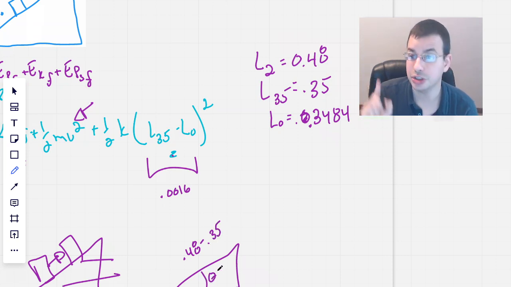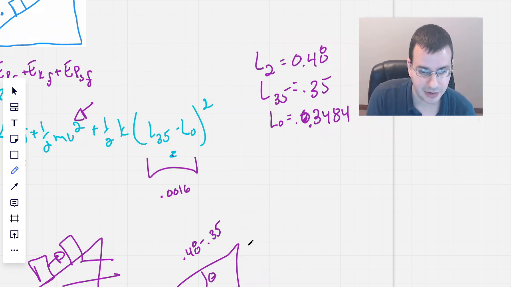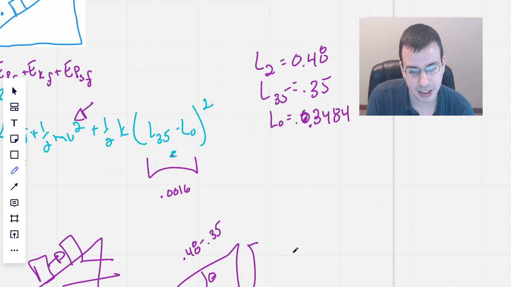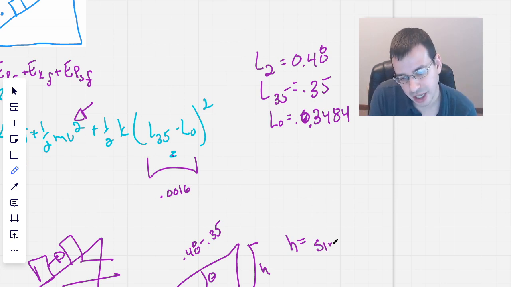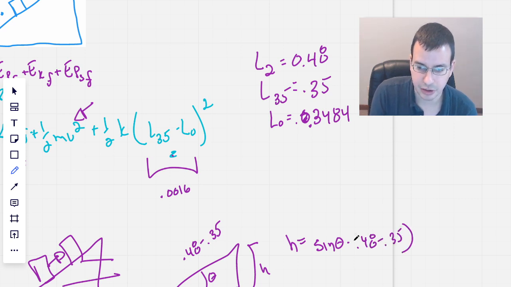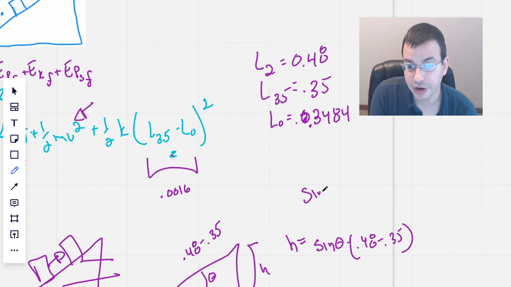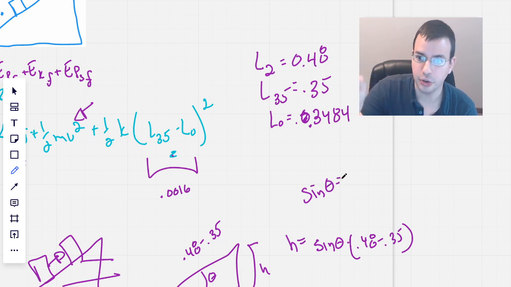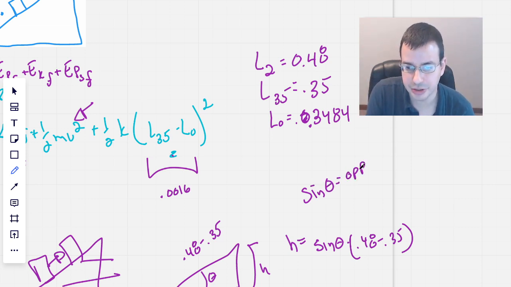This will be theta, which is 28. And so to find the height that it moves up, I'm going to call this h, h equals sine of theta times (0.48 minus 0.35). If you forgot what sine of theta is, SOHCAHTOA: opposite over hypotenuse.